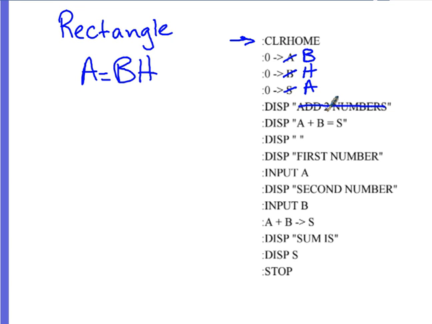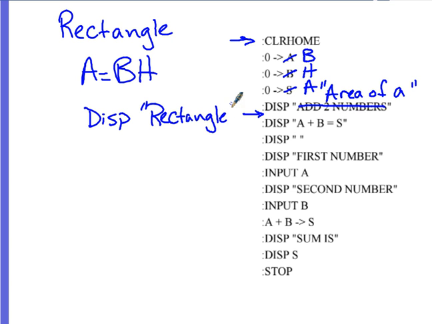The first display line, we need to say area of, and make sure that is in quotation marks. And then we're going to add a second display line that's going to say display, quotes, rectangle, end quotes. So we have to have 2 lines for area of a rectangle.